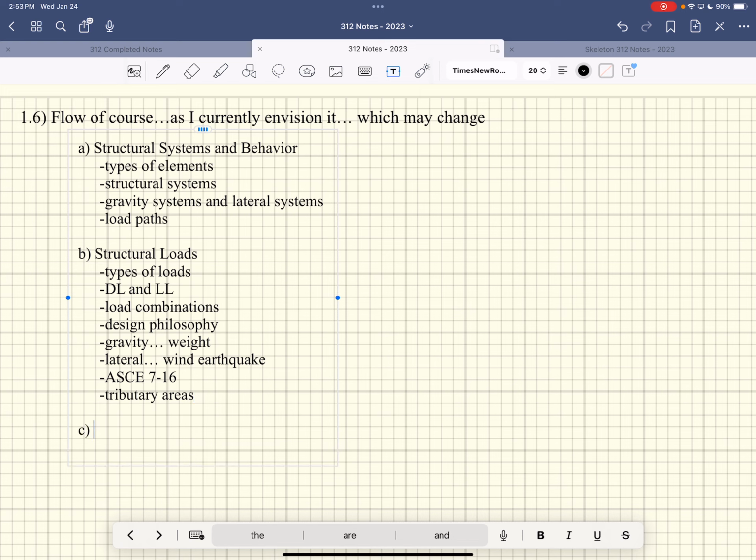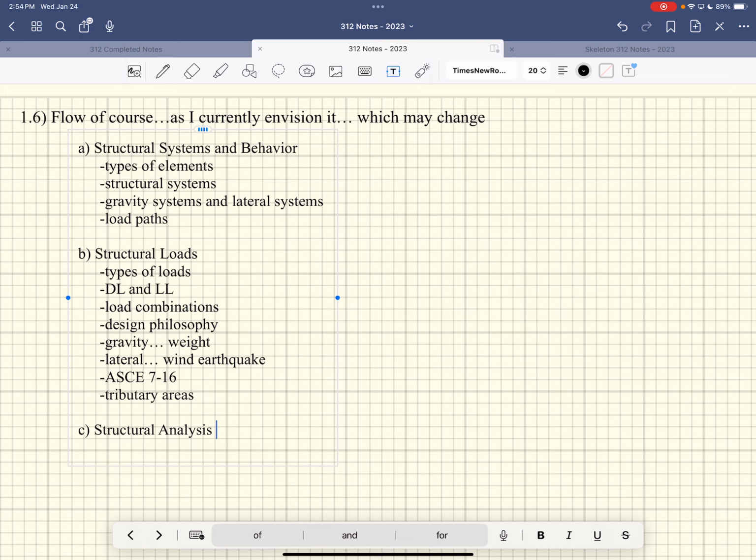C will be structural analysis. I kind of envision an exam happening around here-ish. As of now, I'm kind of splitting the class into two, the first part being systems of behavior and structural loads, and then getting into structural analysis as an additional part. So what do you do with these things?